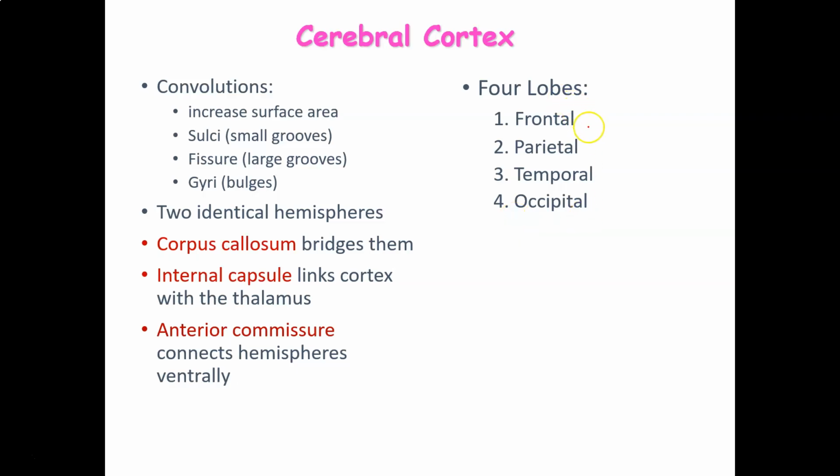Functions have been assigned to these lobes, but it's important to keep in mind that our brain does not work in silo functions; rather, it coordinates function across multiple actions, so there's bleed through in their functions near the borders of these lobes.